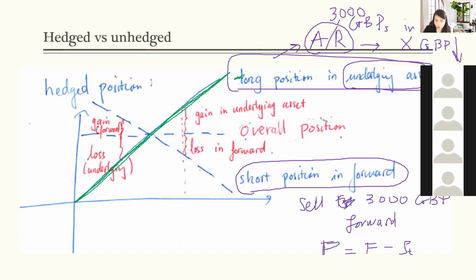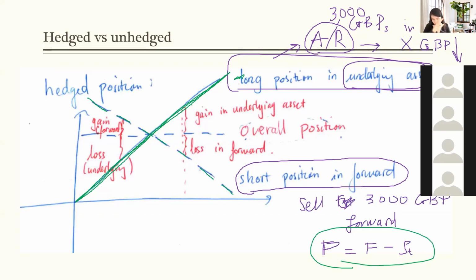In terms of the forward position, because I have a short forward position, the payoff function looks like this. It is exactly the opposite of the long position in the underlying asset. So here is my underlying and here is my forward contract.